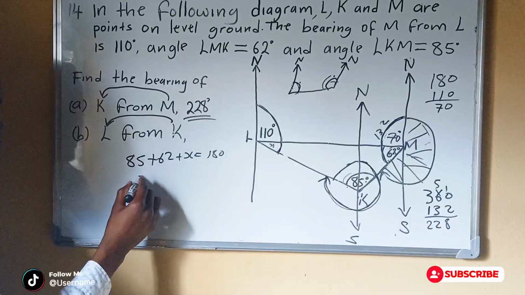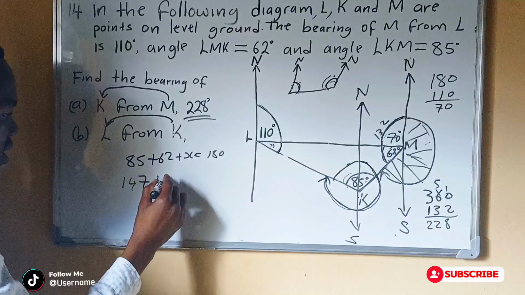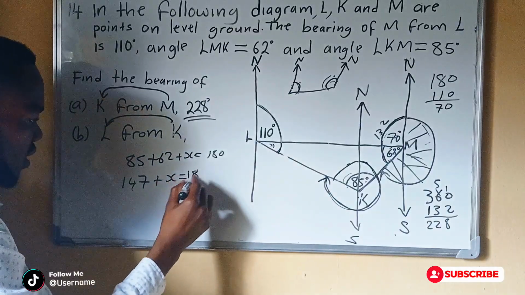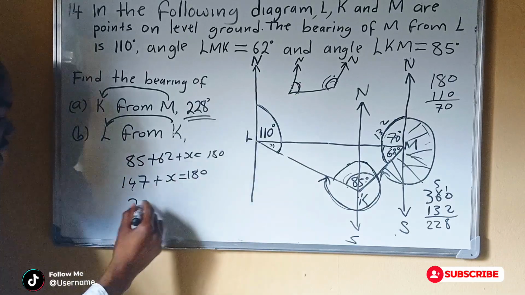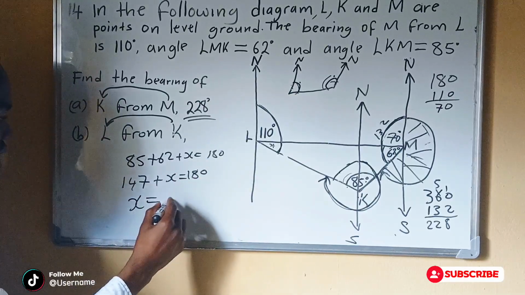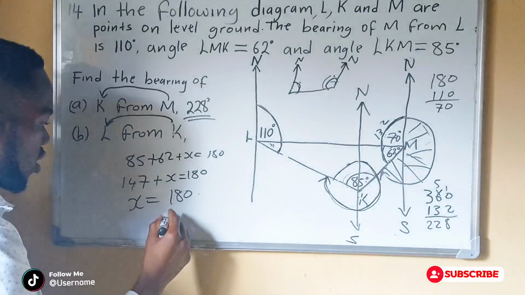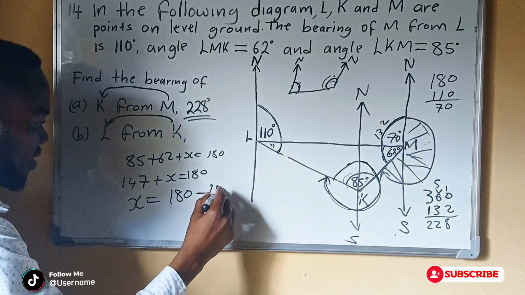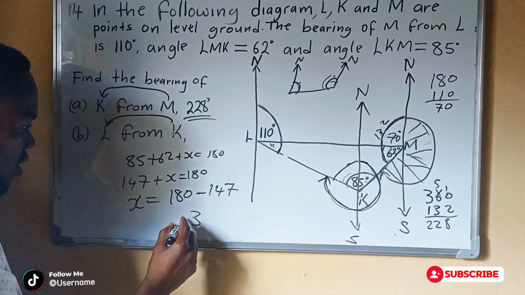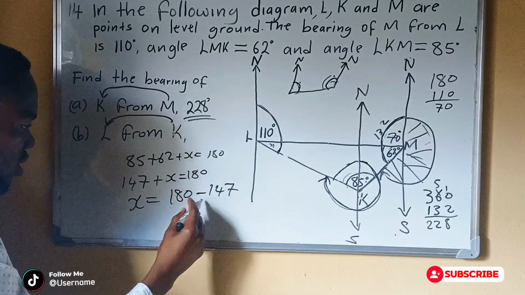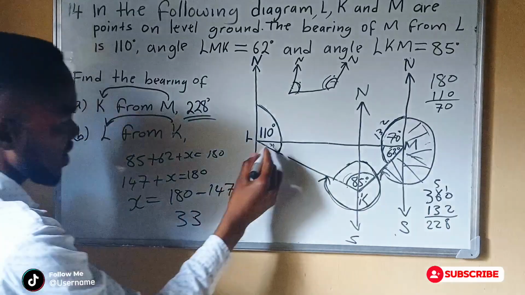We add, it will be 147 plus x is equal to 180. 147 goes to the other side, so x is 180 minus 147. It will be 33. So the value of x here is 33.